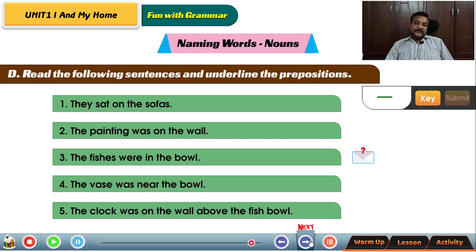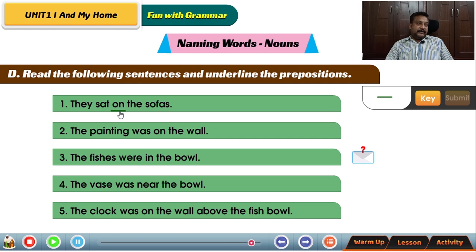So we need to identify the prepositions in each of these sentences and underline them. So what is the first one? They sat on the sofas. So what is the preposition in that? On.